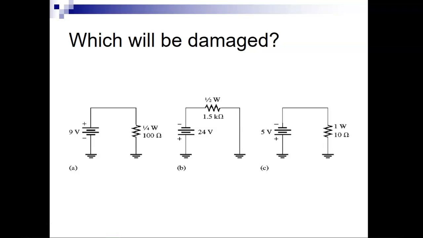By the way, just to help you out, see if you can get it a little bit more quickly. The formula for this particular run of problems is best done as P equals V squared divided by R. So what is my power at A?